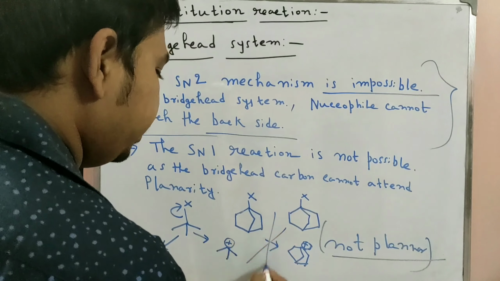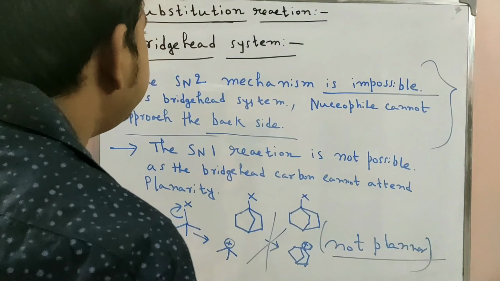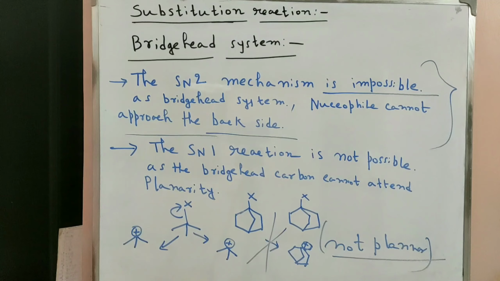So in the case of a bridgehead system, neither SN1 nor SN2 reaction is possible.